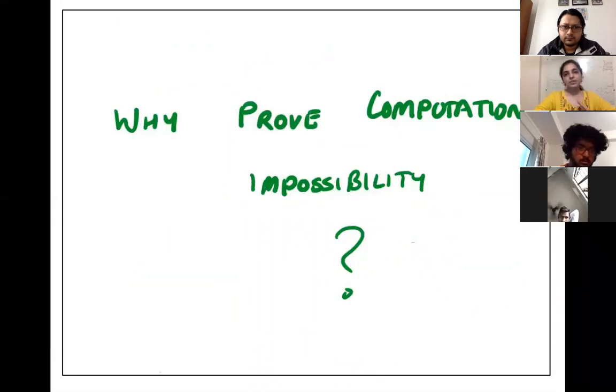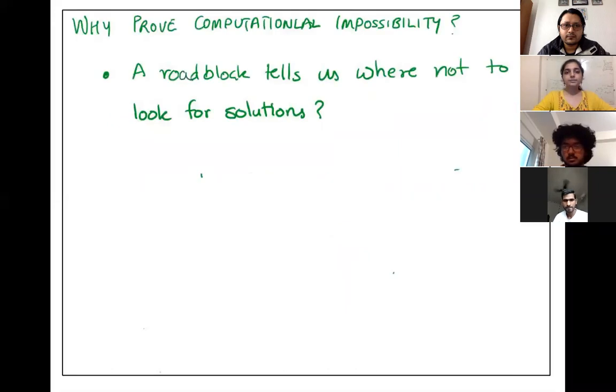So the first question to address is, why should we try to prove computational impossibility? Apart from, of course, receiving $1 million, which is very nice, obviously. But what are the other reasons for which you may want to prove computational impossibility? Computational impossibility lies at the crux of some of the developments in computer science.